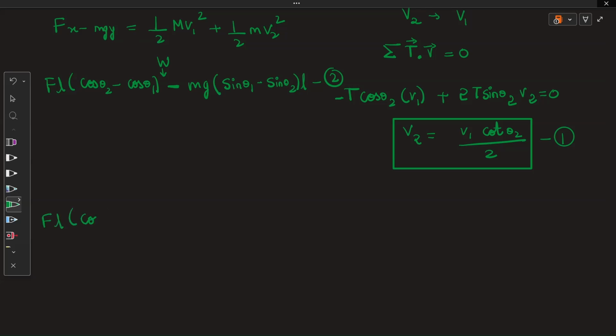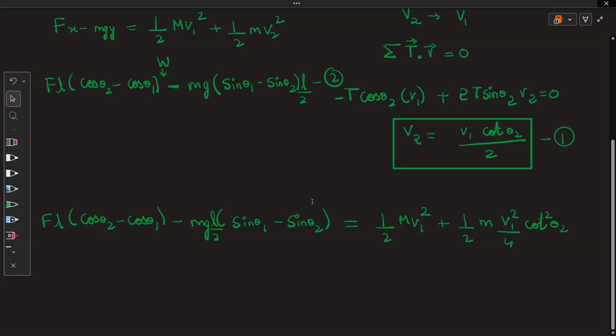So FL into cos theta 2 minus cos theta 1 minus mg into L by 2 into sin theta 1 minus sin theta 2 equals half capital M V1 square plus half small m V2 square, which is nothing but V1 square by 4 into cot square theta 2.